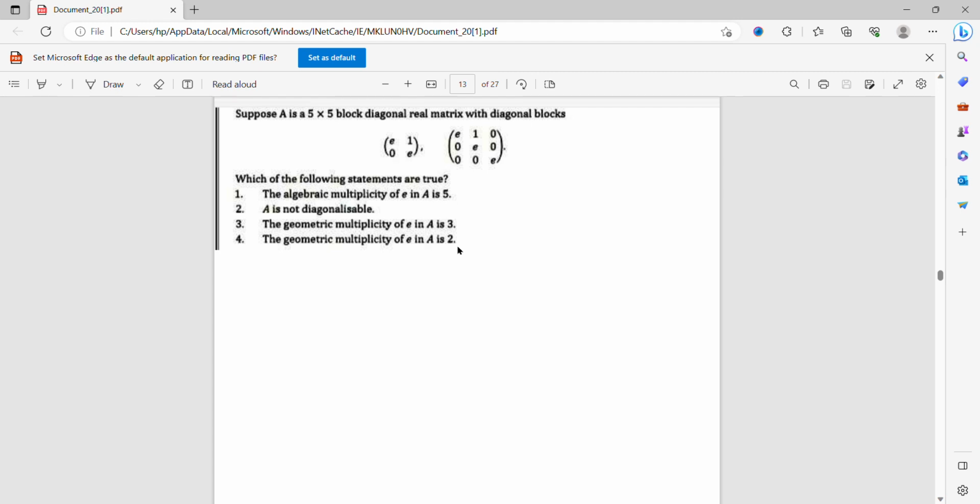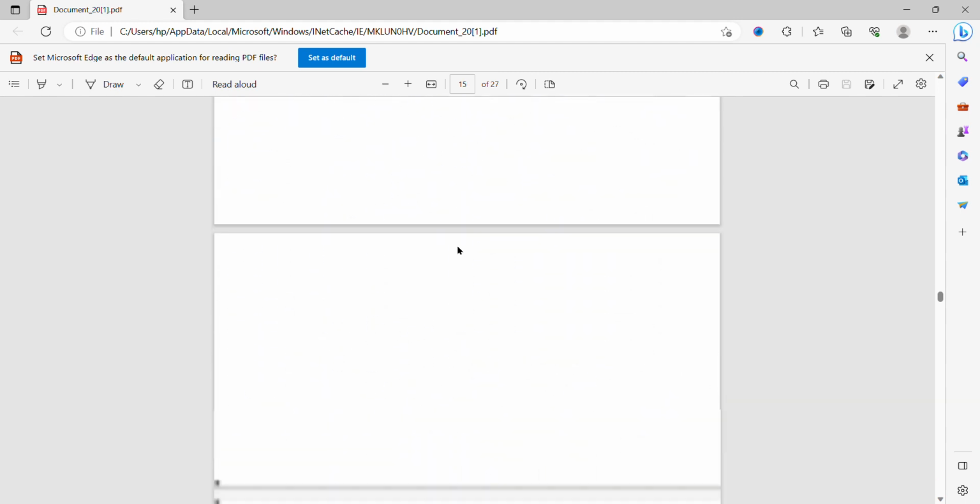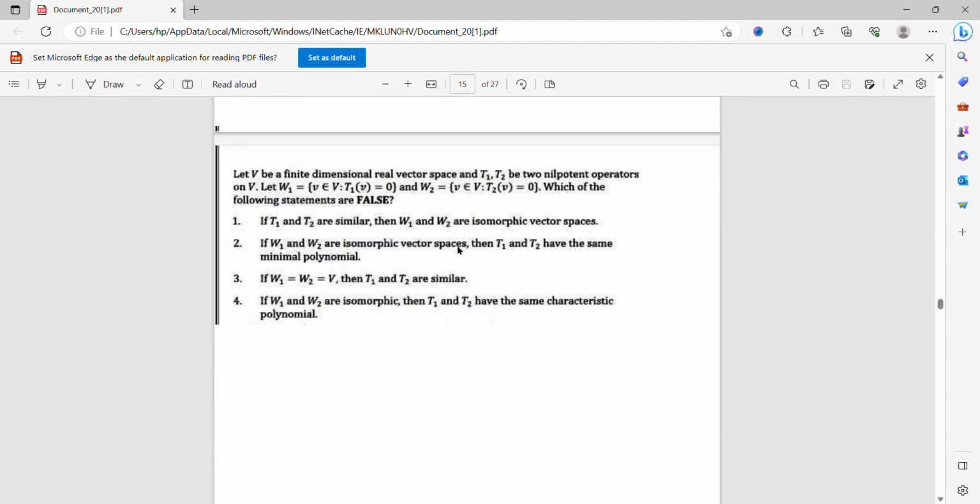If you observe, you can see that here there is a 2 cross 2 Jordan block and 1 cross 1 Jordan blocks. So there are 3 distinct Jordan blocks. That's why the geometric multiplicity is 3. And the algebraic multiplicity is 5, which is obvious from the upper triangular matrix, so its diagonal entries are eigenvalues. So we are done. Now come to the next one.